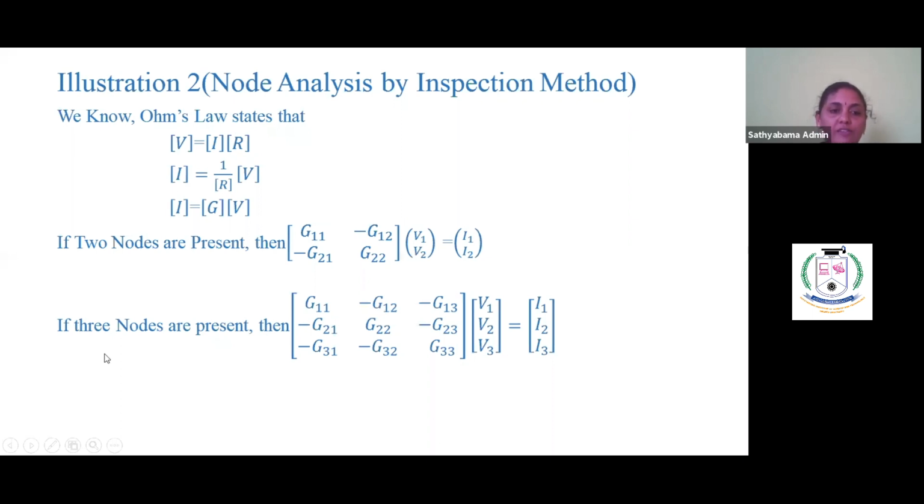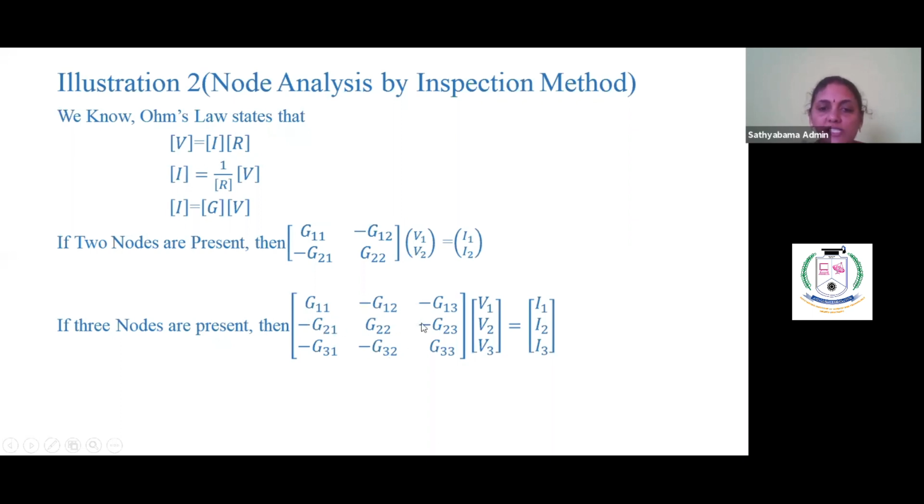Next, if 3 nodes are present, the conductance matrix will be G11, G12, G13, G21, G22, G23, G31, G32, G33. Now here also, only the diagonal elements will be positive, all others will be negative.